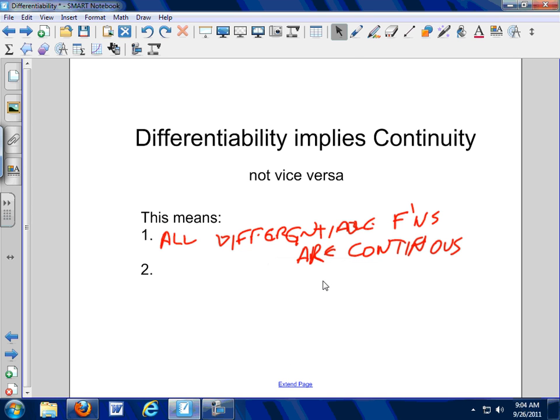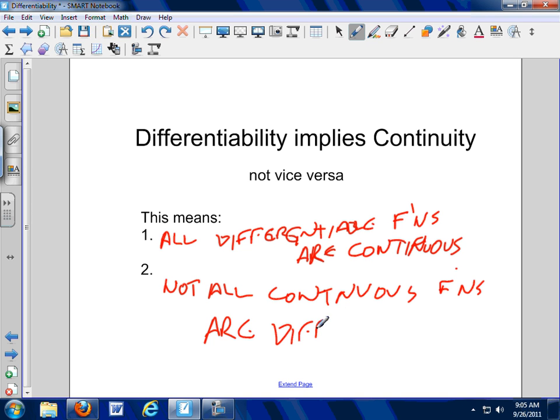So all differentiable functions are continuous. But it doesn't mean that all continuous functions are differentiable. That's the vice versa part. So not all continuous functions are differentiable.